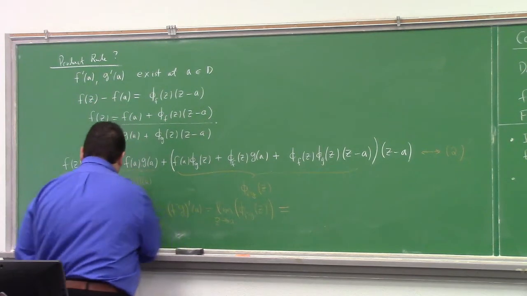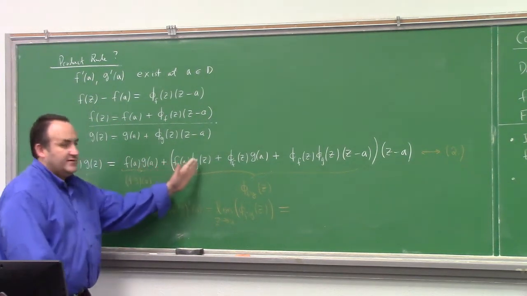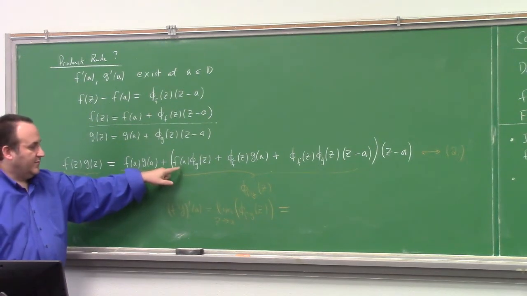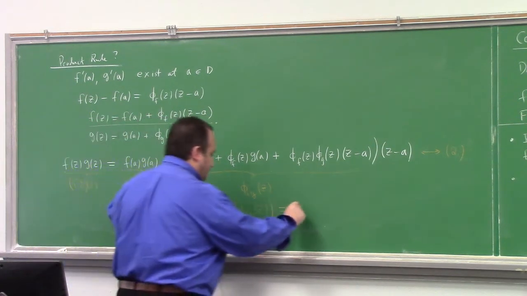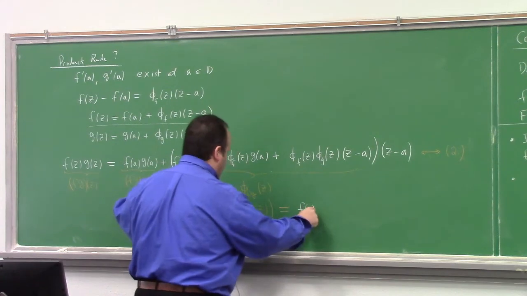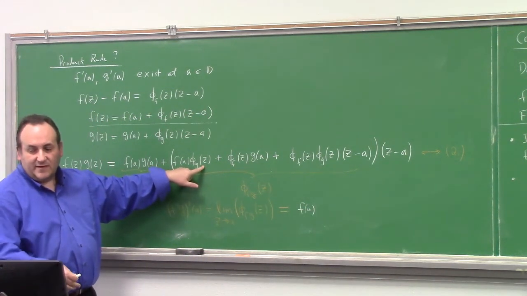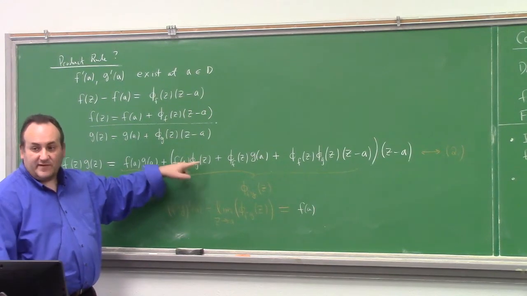And what is that equal to? Look up here. What happens when you take the limit as z goes to a of phi fg? Well, we get f of a times the limit as z goes to a of phi g of z, which by the theorem of Caratheodory is g prime of a.